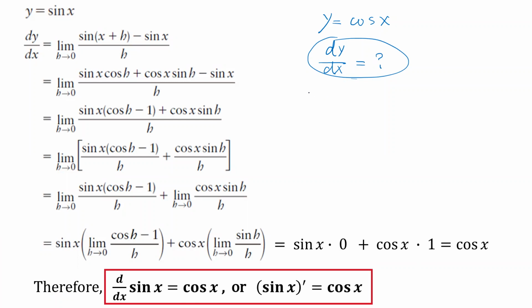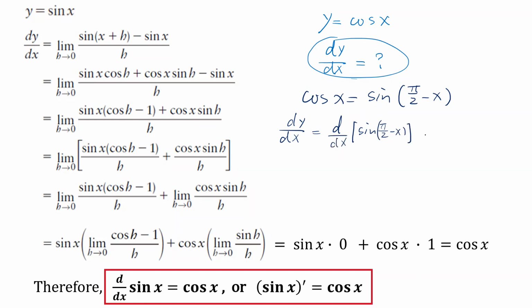Okay, so note that cosine x can be expressed as sine of half pi minus x, right? Therefore, we know dy by dx is actually the derivative of sine of half pi minus x by dx, right? So basically, we're going to find the derivative of sine of half pi minus x, right?